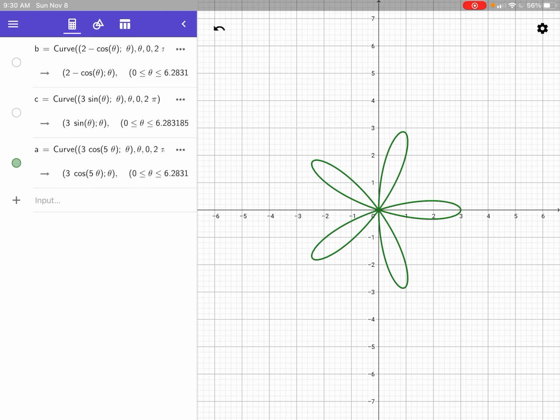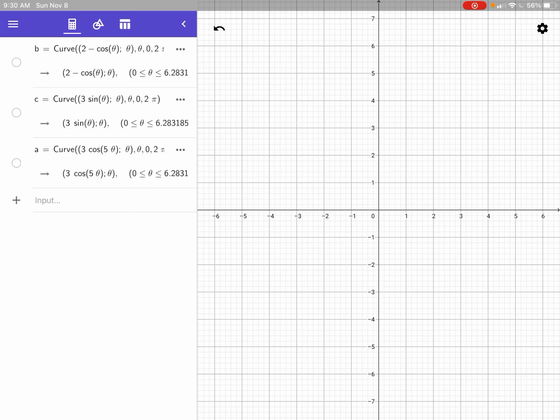But I'm just exploring. There are some really, really cool graphs that can be created in polar coordinates. So you can mess around with it. This middle one here, that was the one we did. Here I did R equals 2 minus cosine theta, and it put this little dimple over there on that circle.